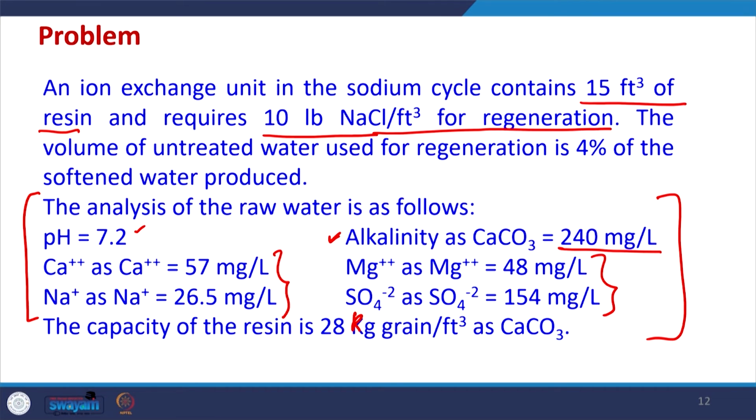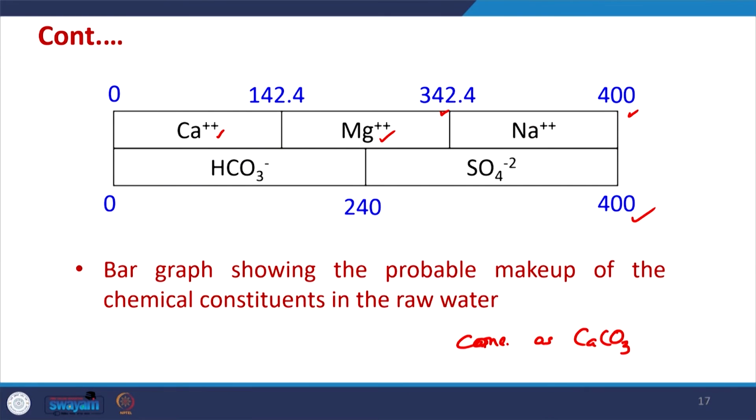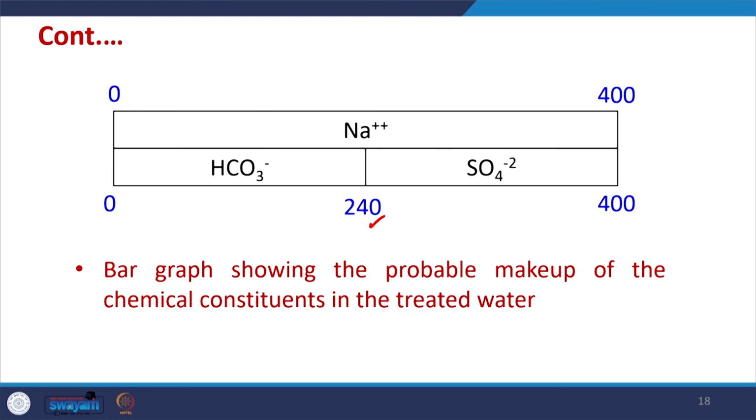So, we are assuming that 100% efficiency they are operating and there is no leakage etcetera, and the operation is before the breakthrough time. So, every ion will get removed. So, because of that, after treatment the bar graph will look like this.